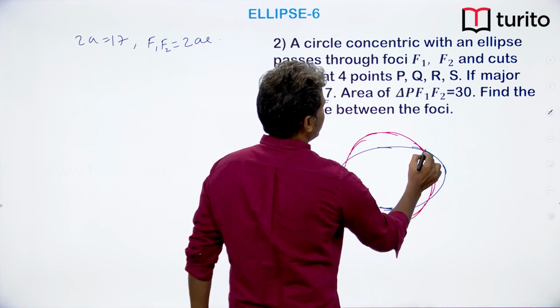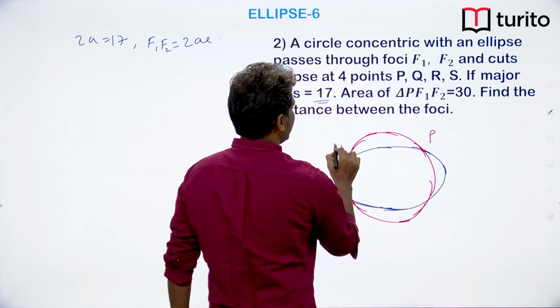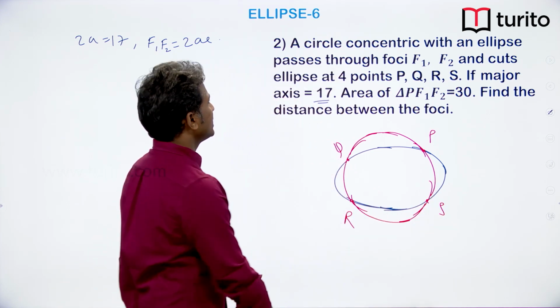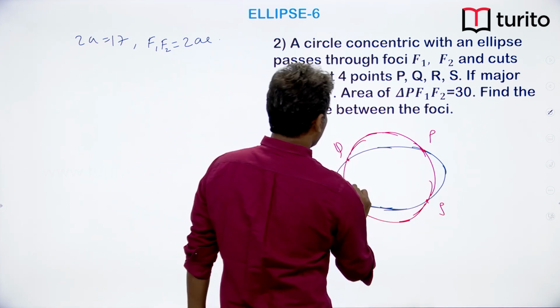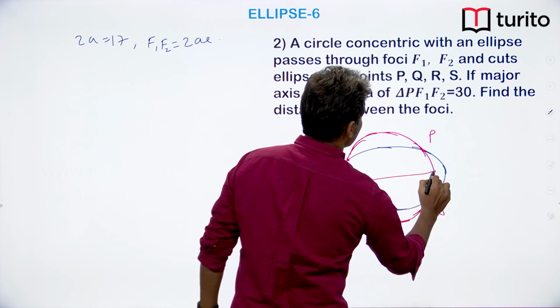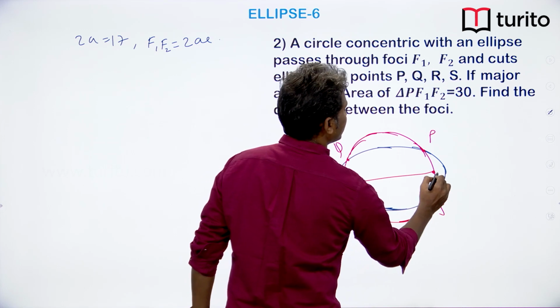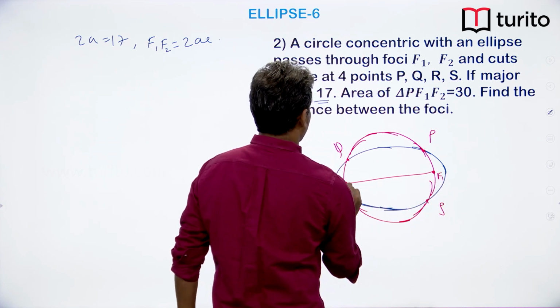So we have 4 points here, P, Q, R, S, and it is passing through the foci. We can take these foci as F1 and F2.